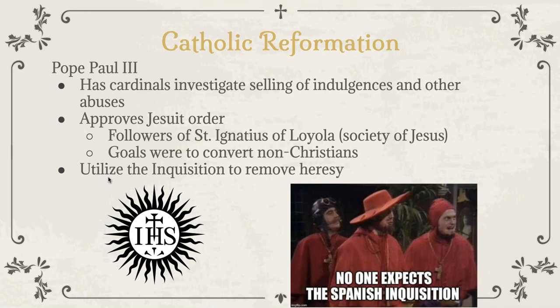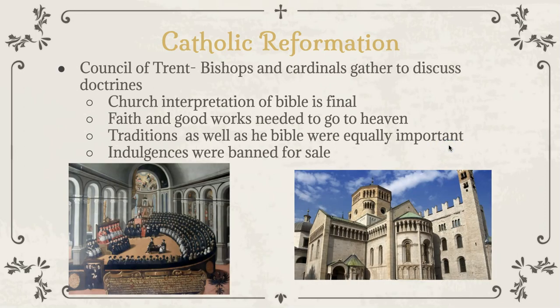The Pope also uses the Inquisition, which had been used before, and the inquisitors to remove heresy. At this point, when they found problems related to improper church teachings, these would be removed in a much more proactive way than before.